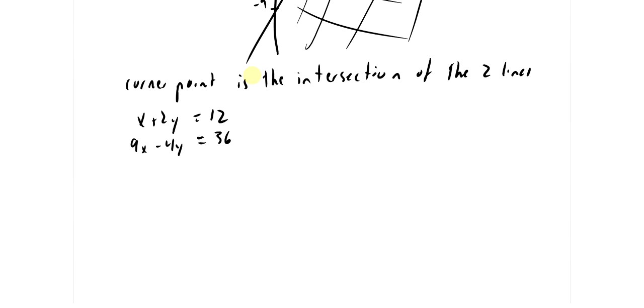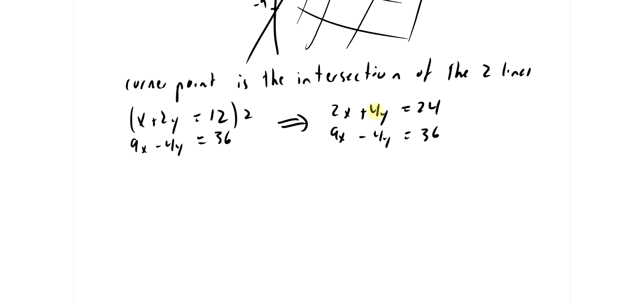There's a number of different ways to do that. I usually like to do what's called the process of elimination. So what I'll do is I will multiply the top by 2, and then it makes this 2x plus 4y equals 24, and 9x minus 4y equals 36. And this is why it's called elimination.